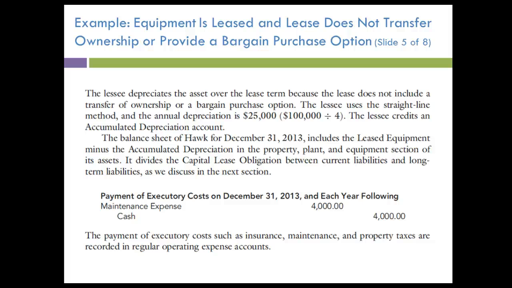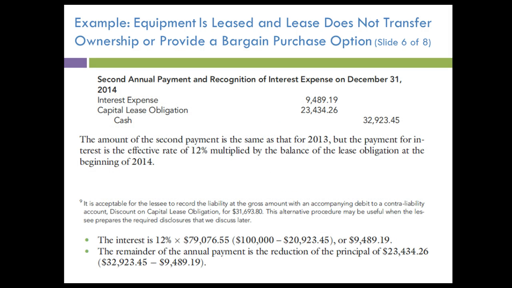Now, to treat the executory costs, those are going to be an expense in the current period, insurance, maintenance. They're just regular operating expenses. When we start working with the second annual payment, we're going to again calculate that interest expense based on the new obligation of $79,076.55.